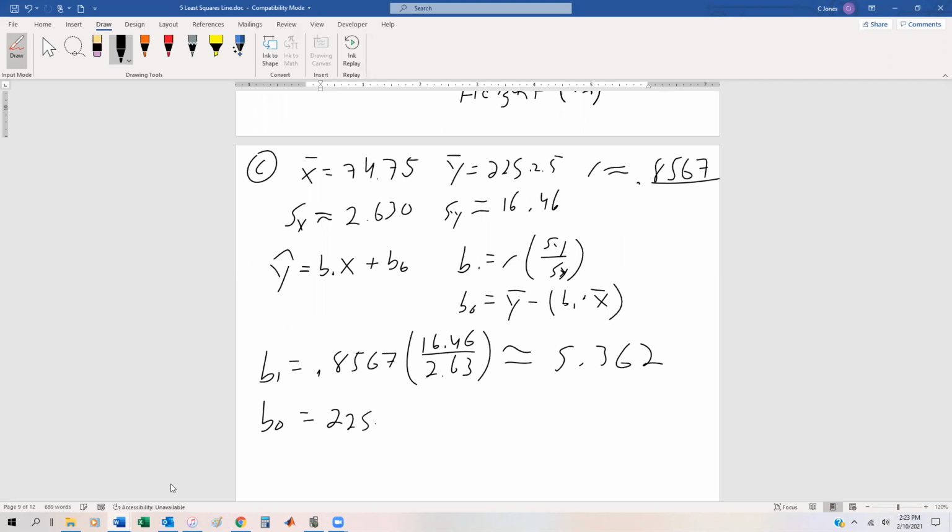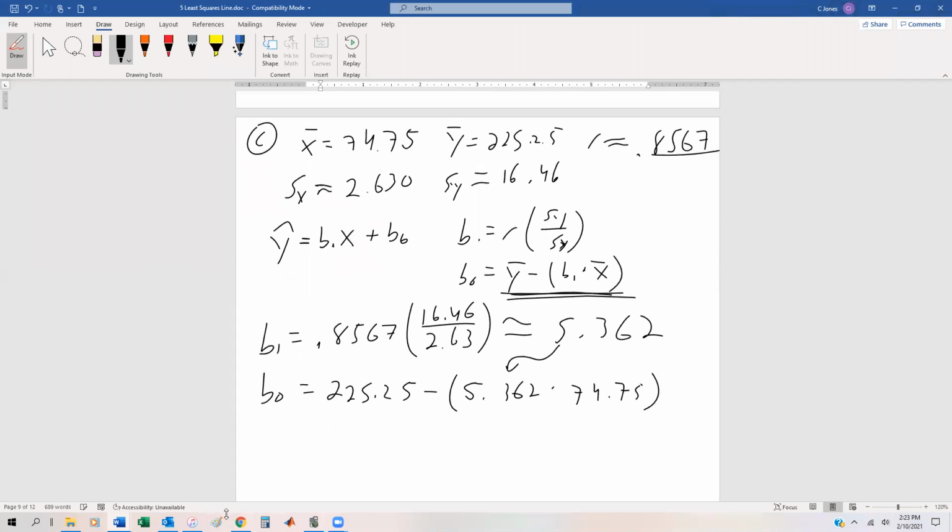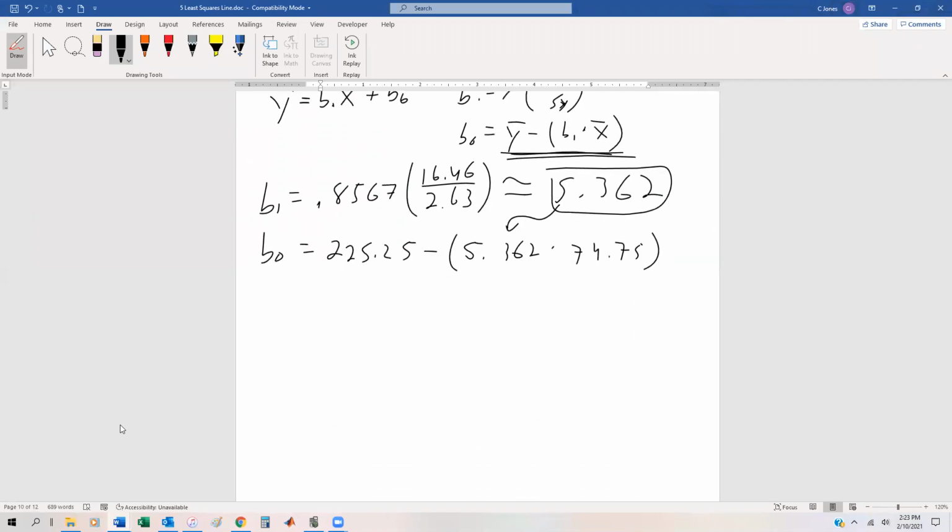Now we need B naught, and B naught is going to be equal to Y bar, which we found to be 225.25, minus B sub 1, 5.362, which we just got, multiplied by X bar, which is 74.75. I'm just using this formula right now. So let's plug that into our calculator.